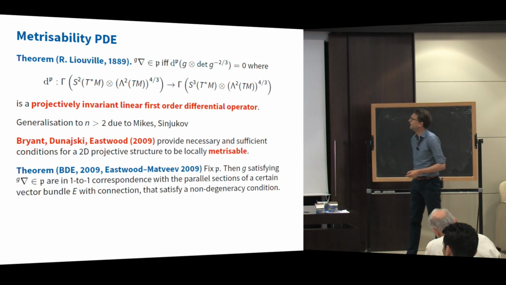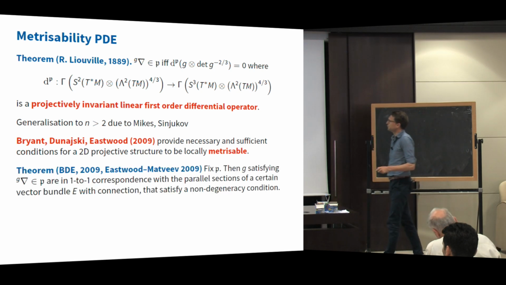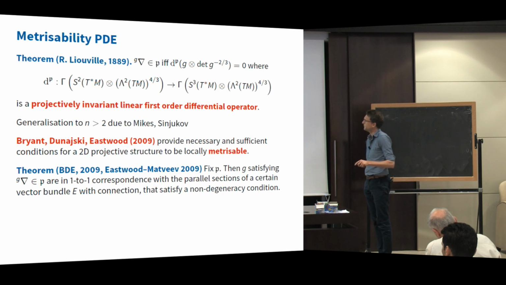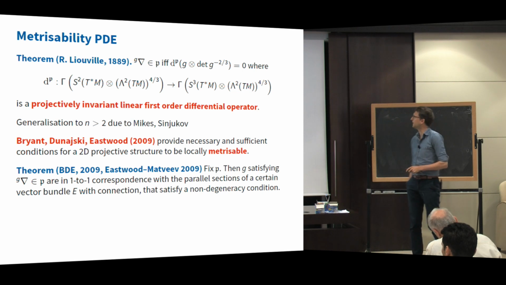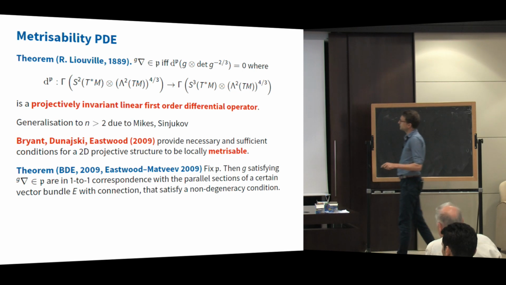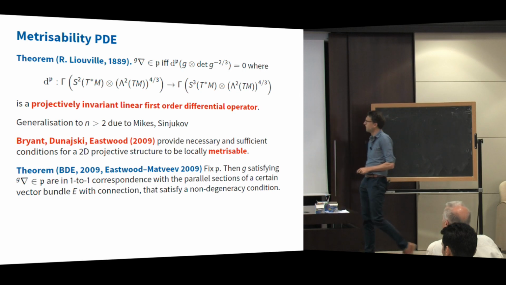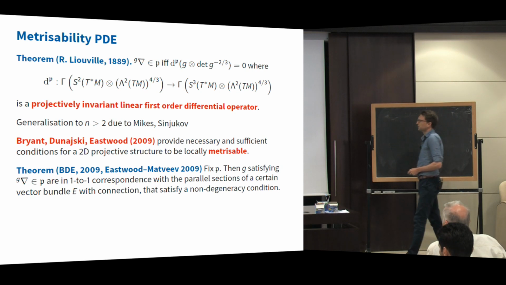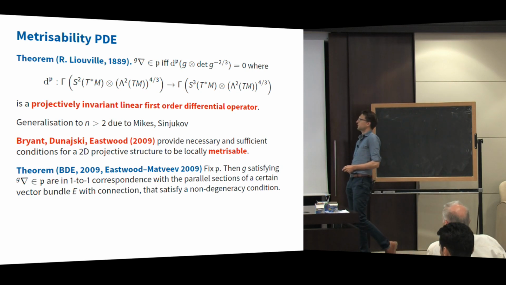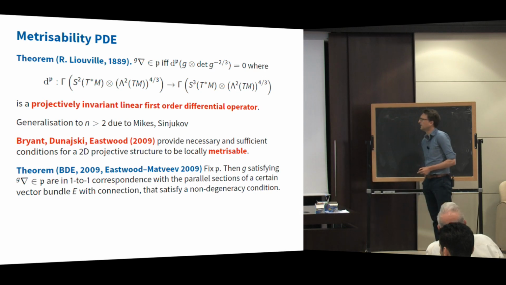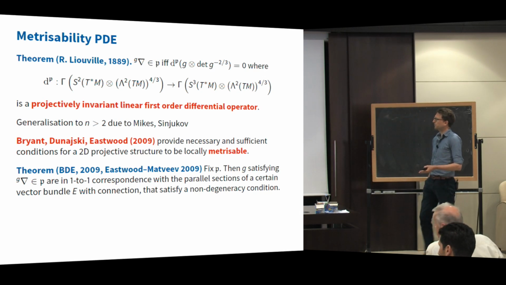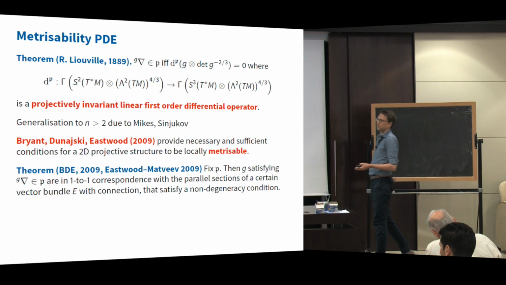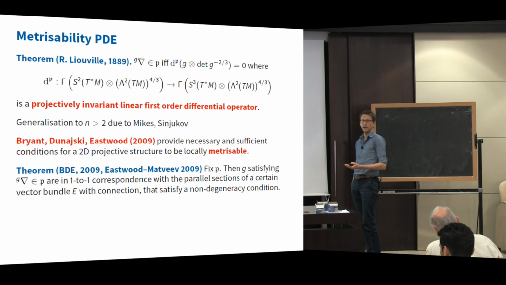Along the way, they show the following fact. In 2D, this is due to Robert, Maciek, and Mike, and the general case was studied by Vladimir and Mike Eastwood. If you have some projective structure, the metrics having the property that the Levi-Civita connection lies in the projective class correspond to certain parallel sections of a certain vector bundle that is equipped with some connection.